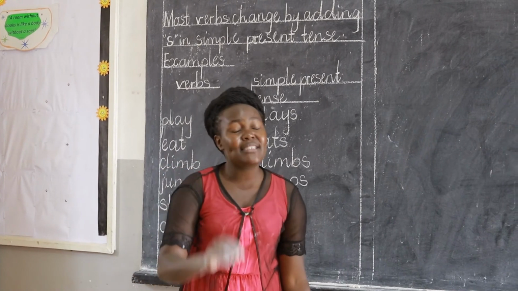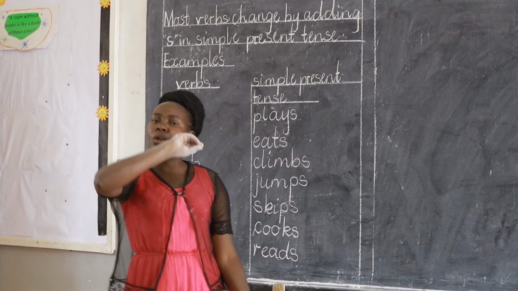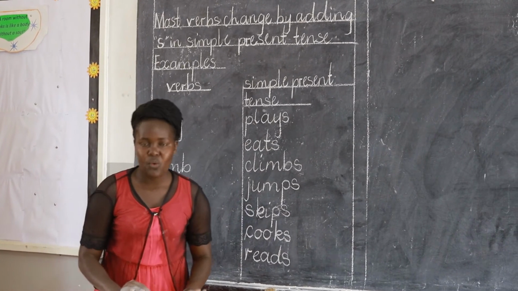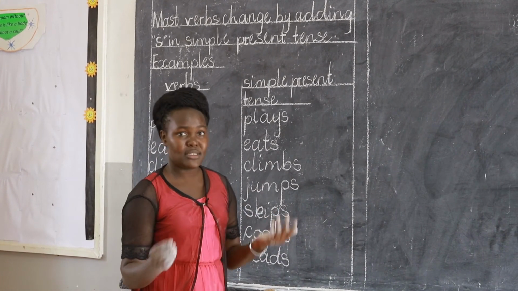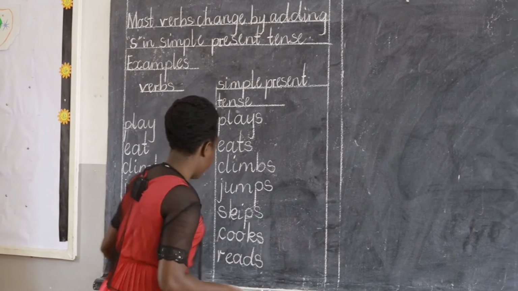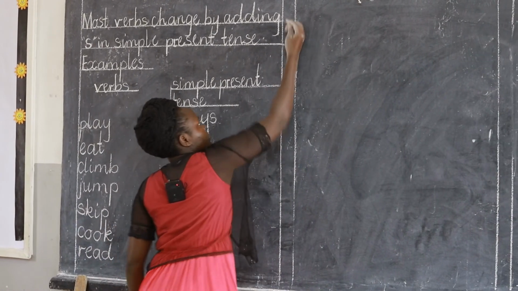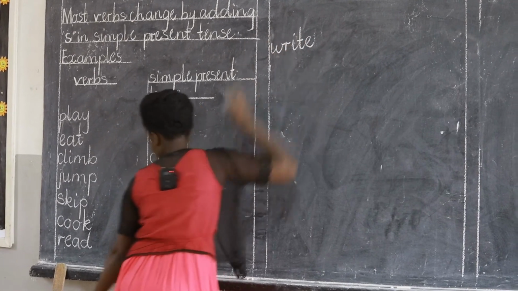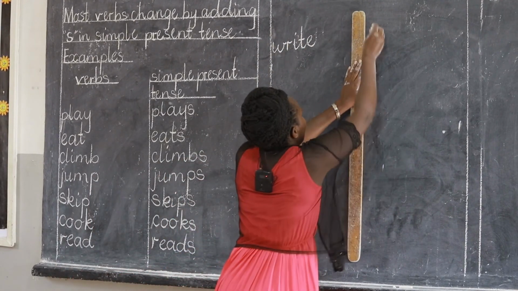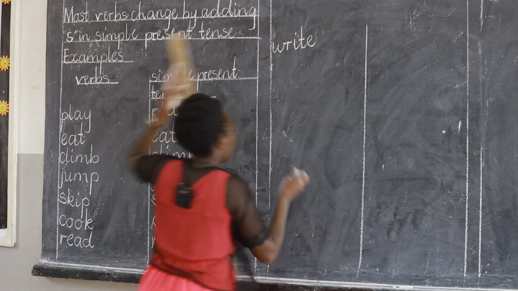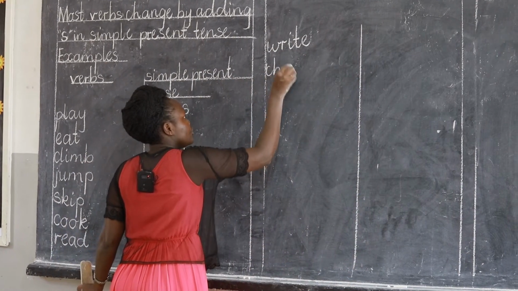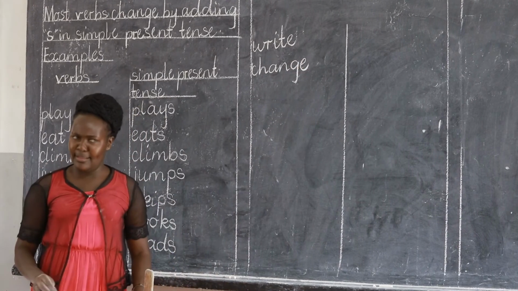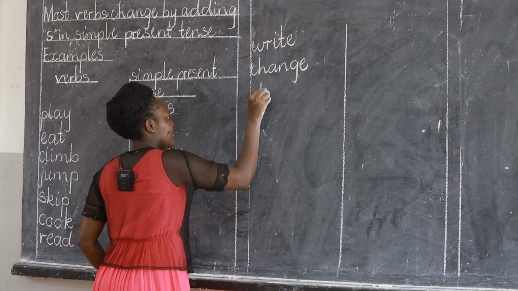There are those verbs that end in e and they will always add s when it comes to simple present tense. For example, write. Give me another verb that ends in E. We have change. Another one, drive.